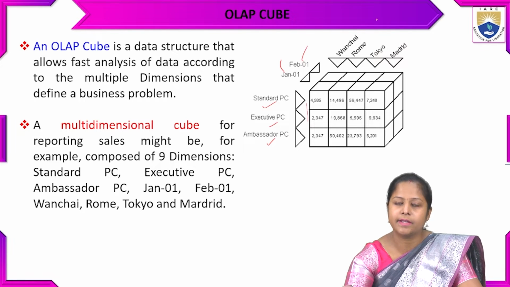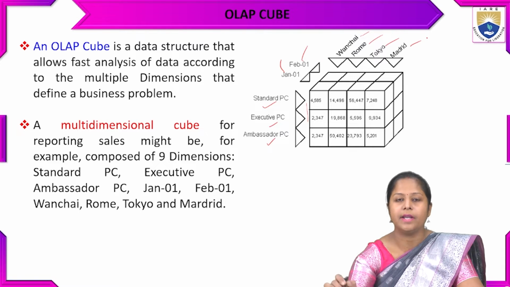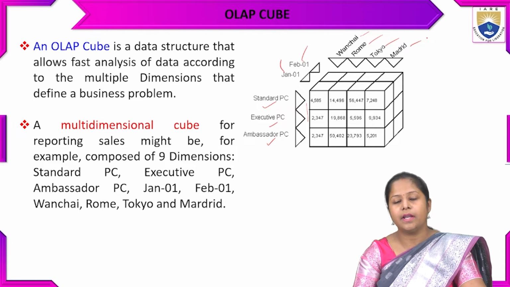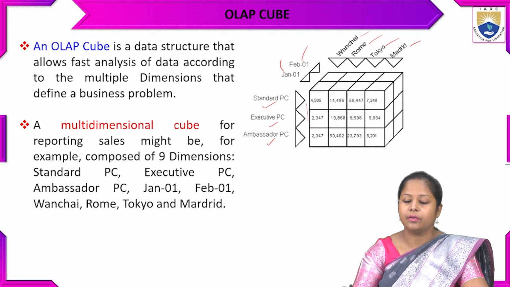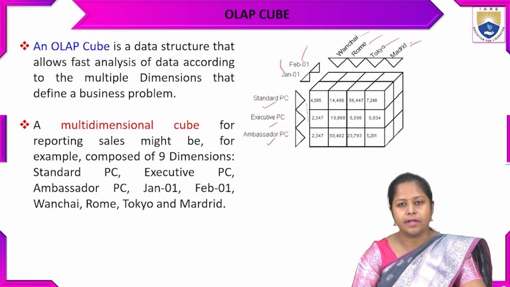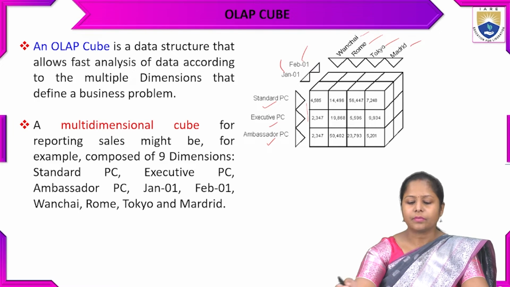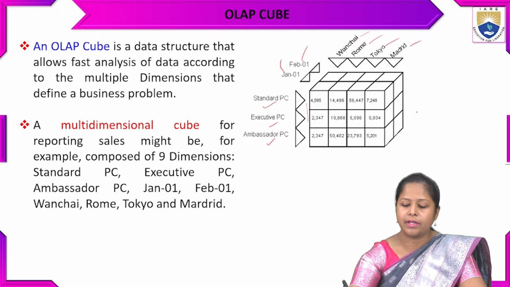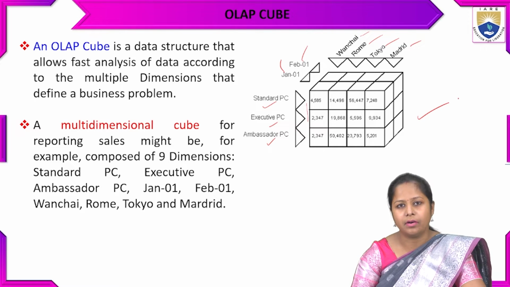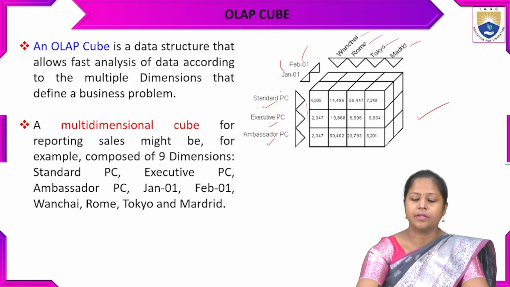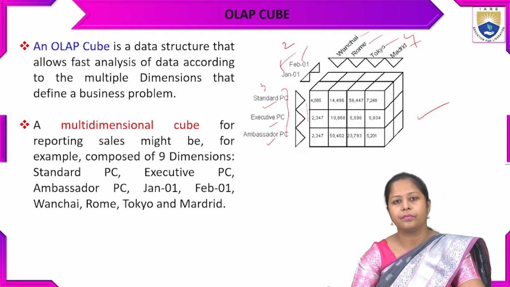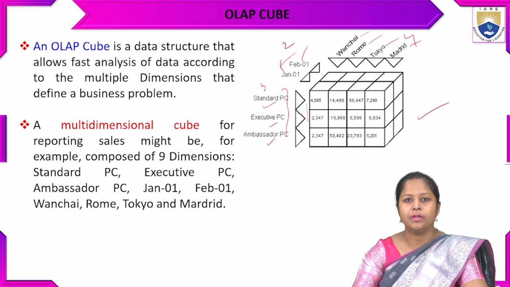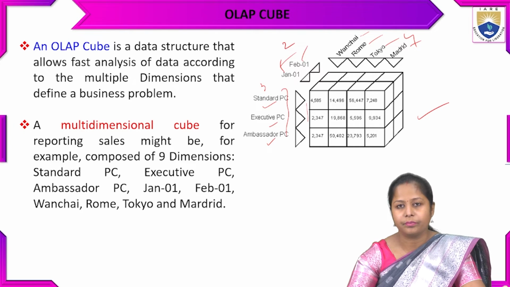And here we can see different cities: Wanchai, Rome, Tokyo, and Madrid. That was another dimension of this data cube. So this particular data cube is composed of 9 dimensions, right? 3 are here, 2 are here, and 4 are here. So that was all about the OLAP cube.